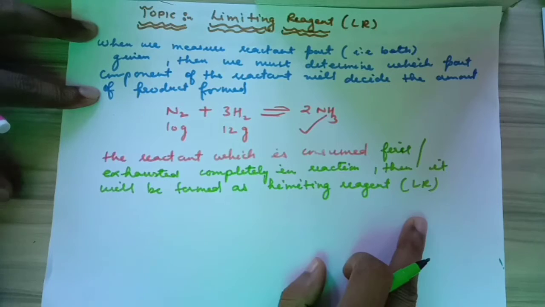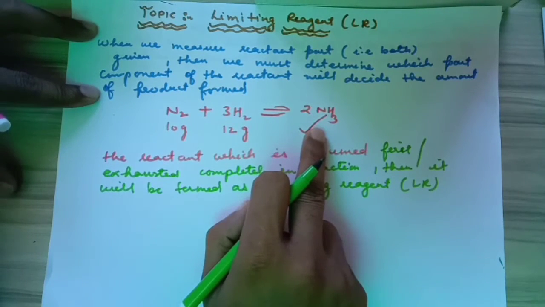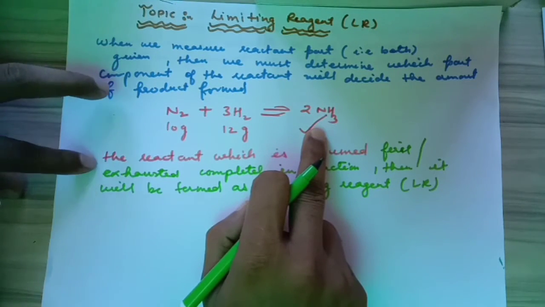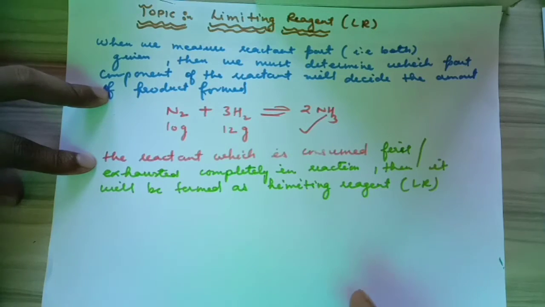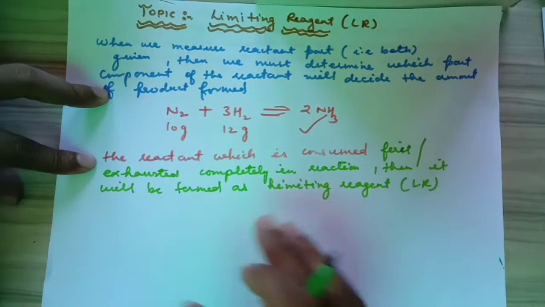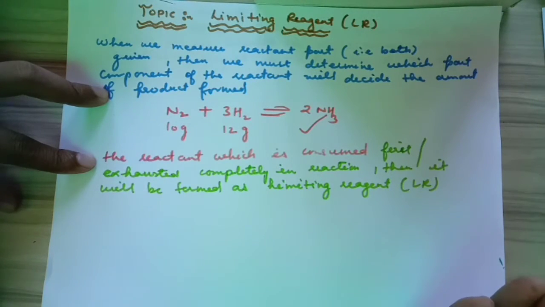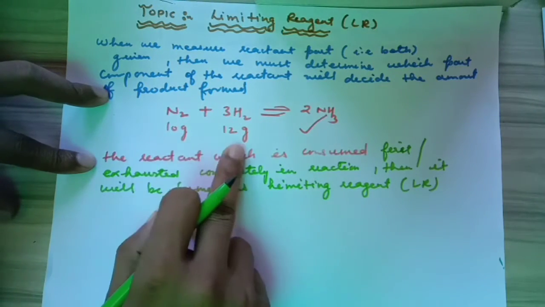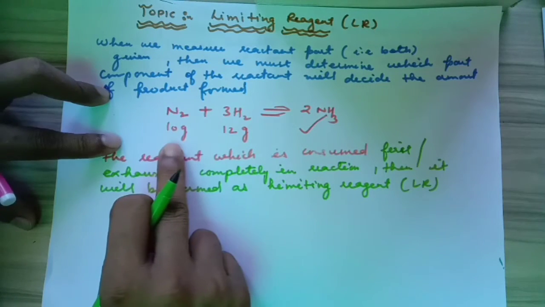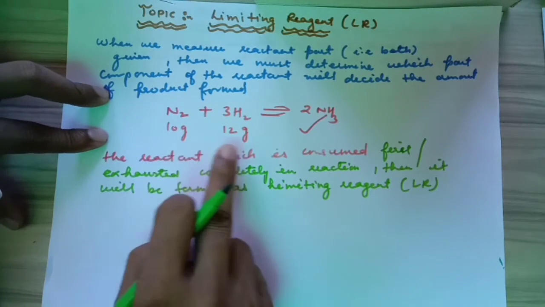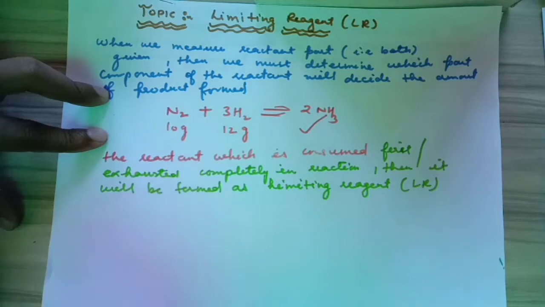Now LR will decide the amount of product formed. Now the term or amount which is in excess is termed as excessive reagent or excess reagent, that is ER. Now let's decide in the given equation which part is a limiting reagent and which is an excessive reagent.